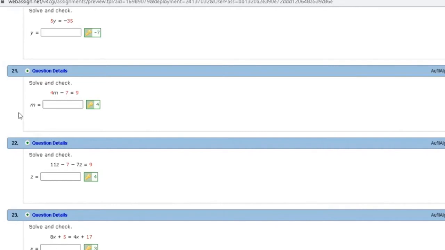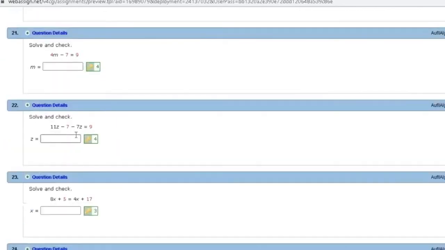If we look at number 22, we have to combine like terms, meaning take the 11z and subtract 7z. Then we will add 7 on both sides and then divide by whatever number is in front of that z.